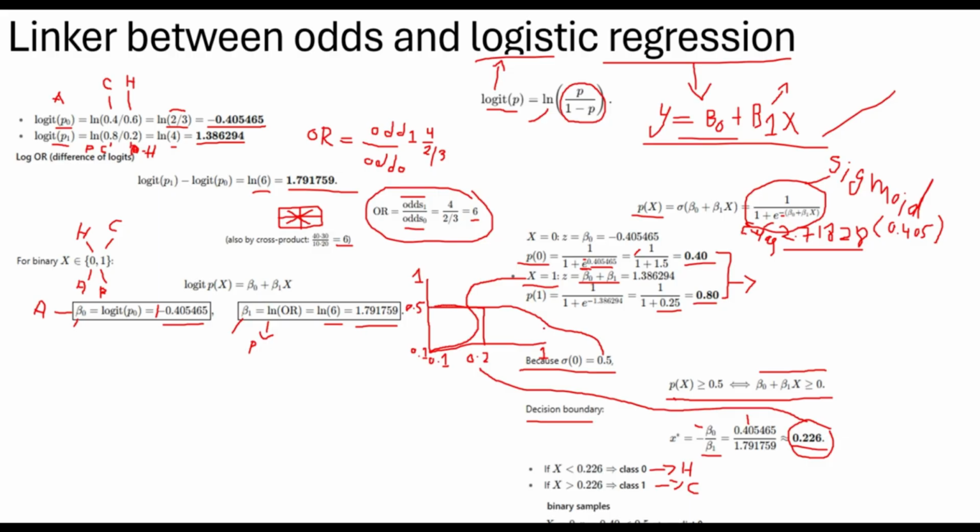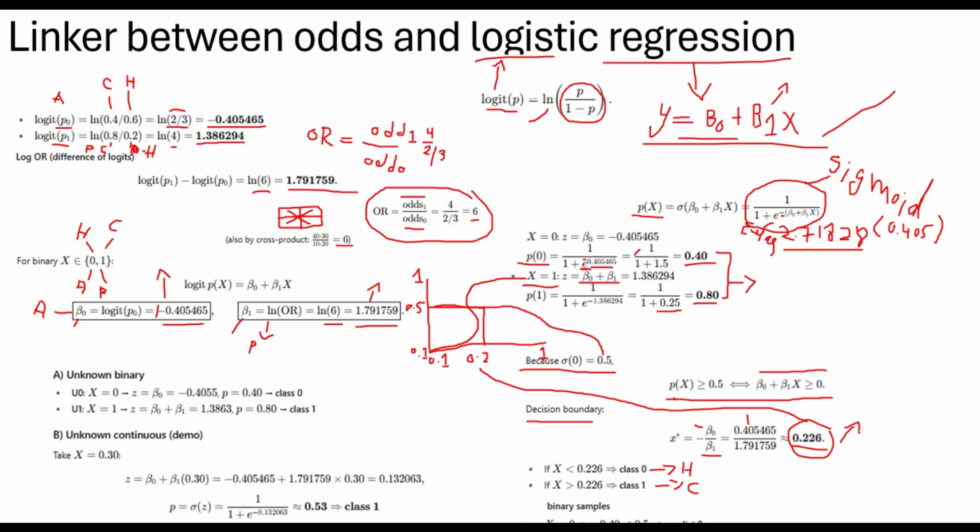Now let us start with the samples. We trained our model, so these are all values that help us classify the new samples. So now we have trained our logistic regression model, and we are giving it an unknown sample.